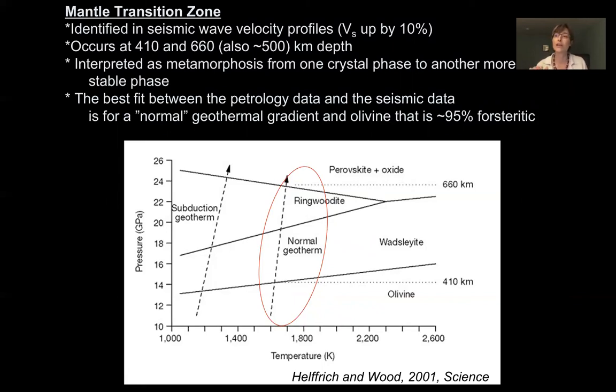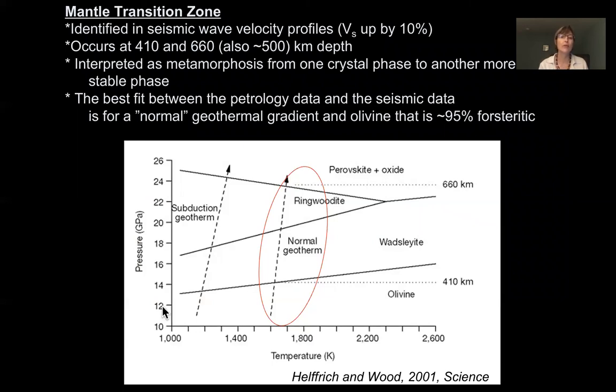Also, there's one at about 500 kilometers that sometimes shows up. We now interpret this increase in speed as being related to the metamorphosis from one mineral phase of olivine in the upper mantle to another more dense, more stable phase.